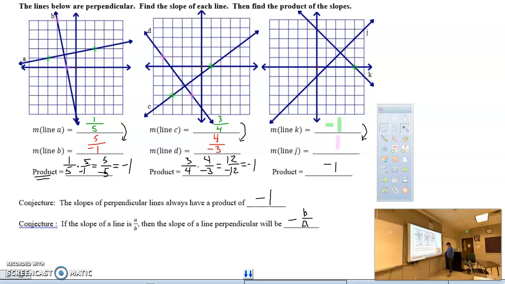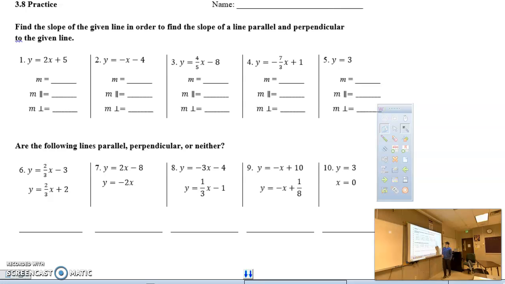Okay, on the back here is your practice. So you're going to use this slope-intercept form. So reminder, remember your slope is just right here. Your slope is the m in the mx plus b. So you're just going to tell me what the slope is, what the parallel slope is, and then the perpendicular slope.